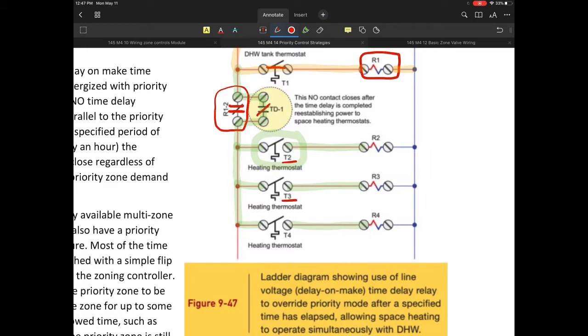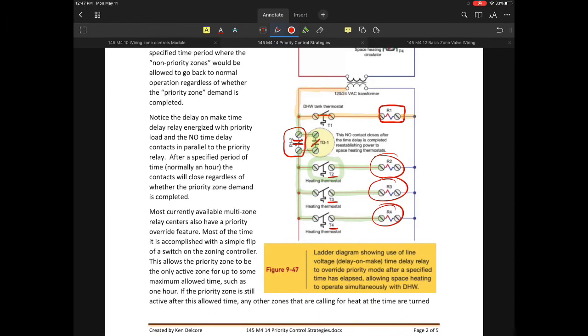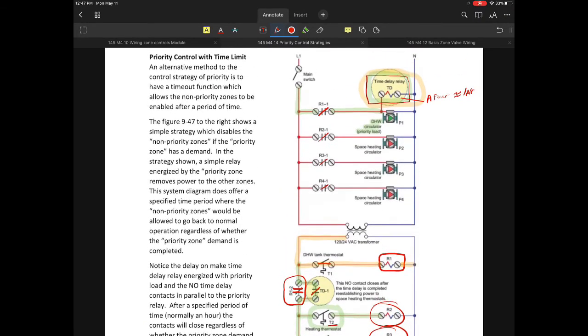Once that happens, R2, R3, and R4 would close, provided there was a demand for P2, P3, or P4 space heating. That would mean T2, T3, or T4. Any one or all of them can have the demand, and they would energize the respective relays.